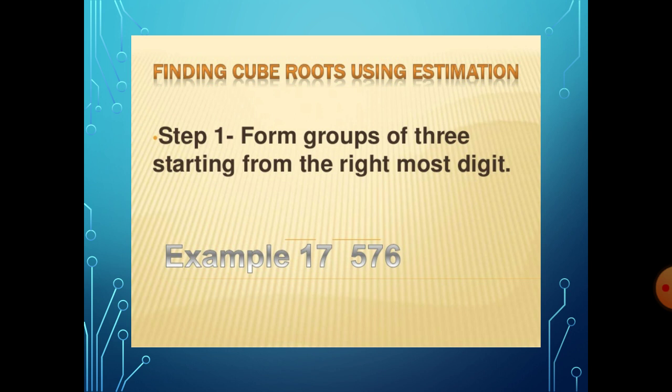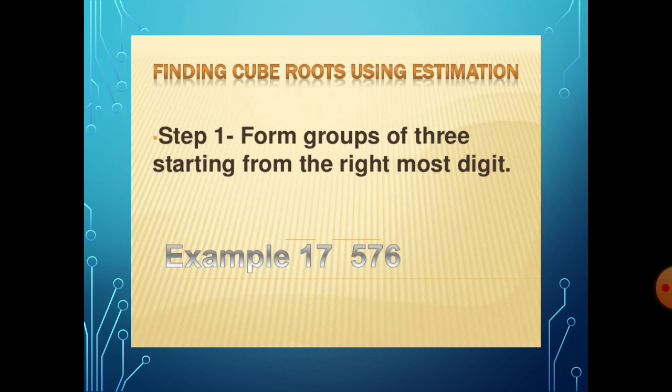In this way we can find the cube root. We can also use the estimation method. So how to find it by the estimation method? Form groups of 3 starting from the rightmost digit, that is from the unit place to the highest place. Whenever we make groups in cube roots, each group will be of 3 digits. If at last 1 or 2 digits are left out, no problem, but from the unit place we will combine 3 digits.